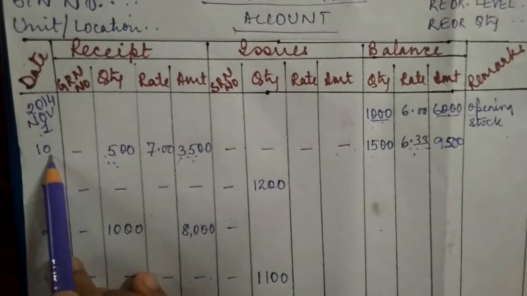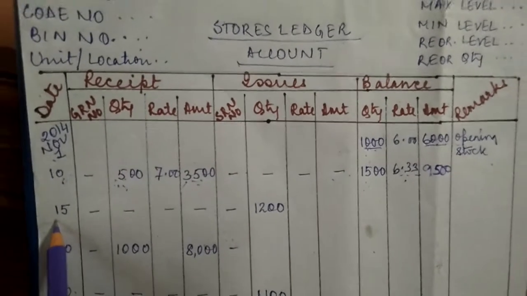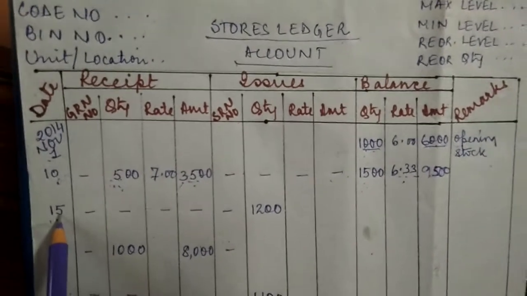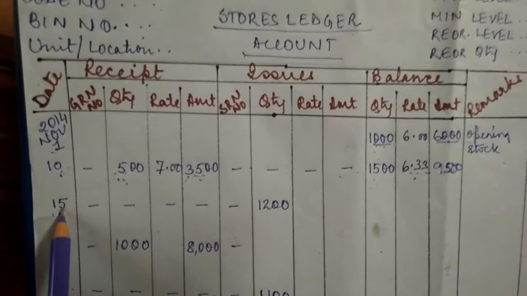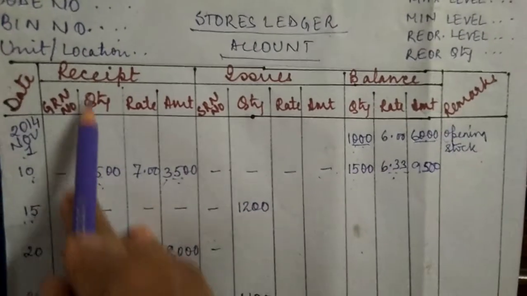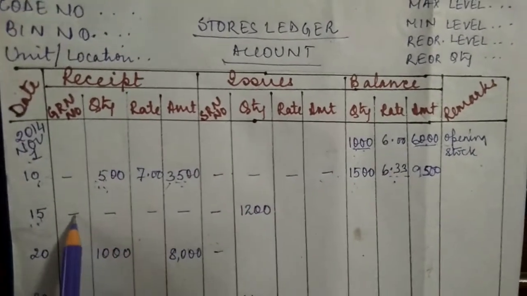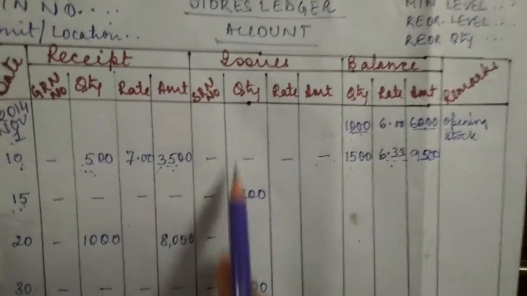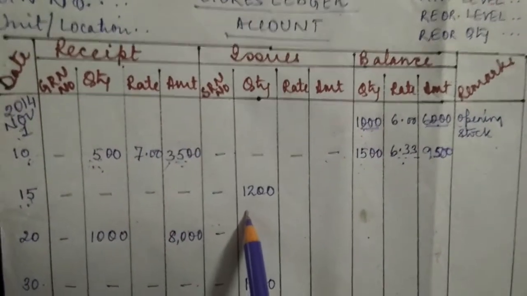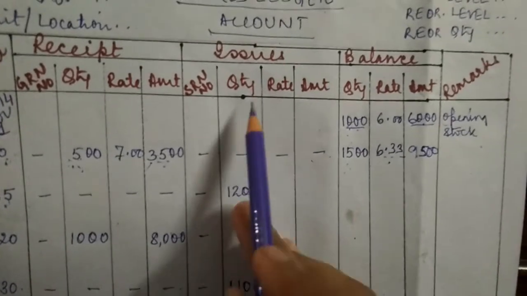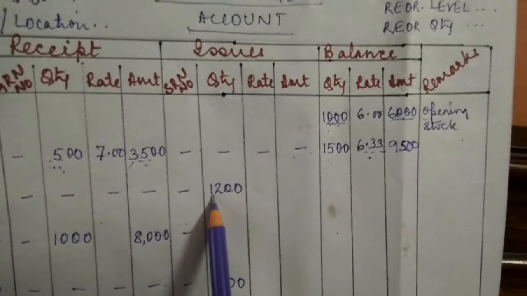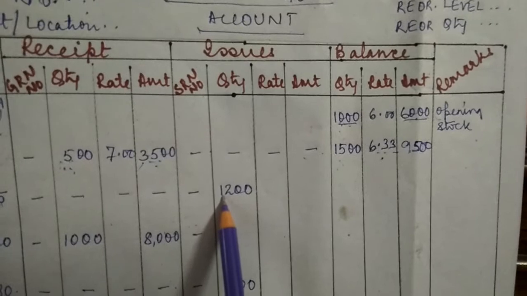Now we are coming to which date? 15th. In the question you will see what is happening on 15th. On 15th we are issuing, so no receipt is there, no purchase is there. We will put a dash here and we will come to the issue column. In the quantity we will write 1200 quantity we are issuing.